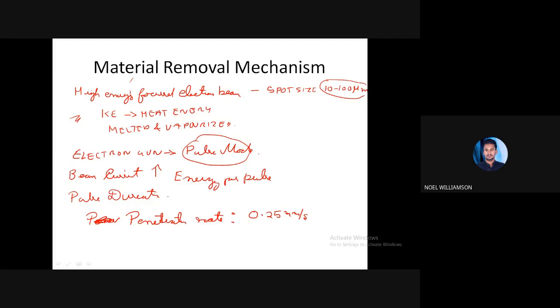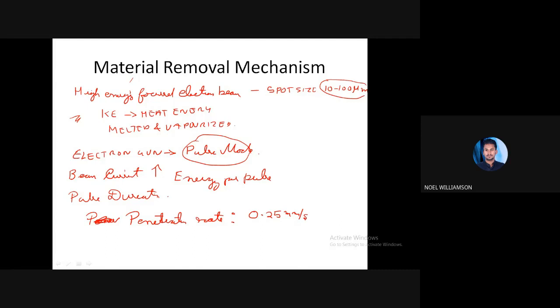Then the electron gun operates under pulse mode. By adjusting parameters like beam current and pulse duration, the energy will be increased, thereby altering the penetration. Usually the penetration rate is about 0.25 mm per second.